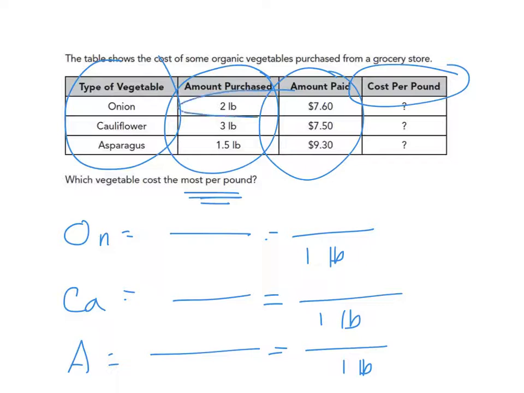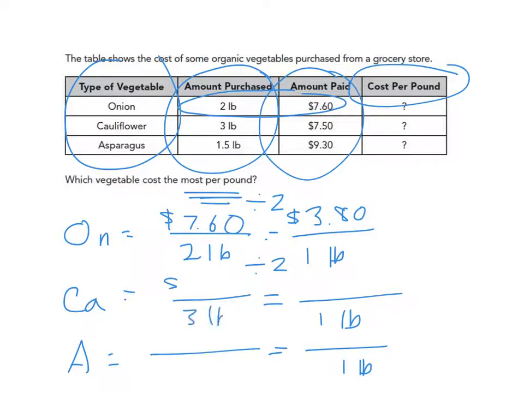For the onion, they say that I got 2 pounds of it, but that costs $7.60. So if I divide that by 2 to get a single pound, I'll get $3.80 for a single pound. That's for the onions. For the cauliflower, they said it's 3 pounds worth, but that cost $7.50.